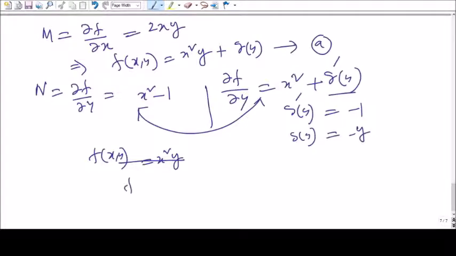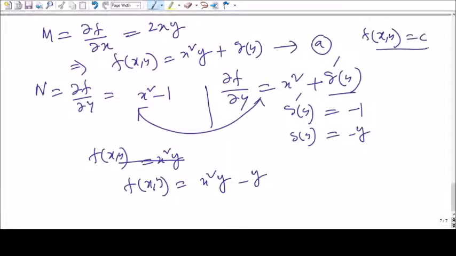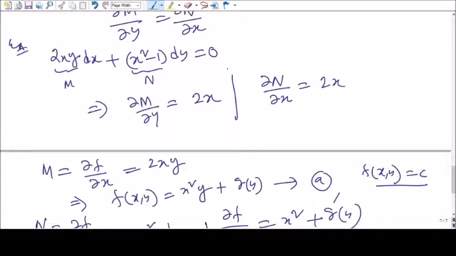So the function is f(x,y) equal to x²y minus y. So the solution for the exact differential equation is f(x,y) equal to c. This is the solution, so the solution is equal to a constant. This is the solution of this exact differential equation.